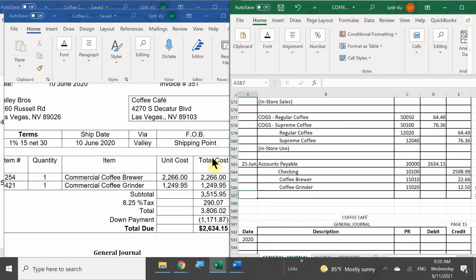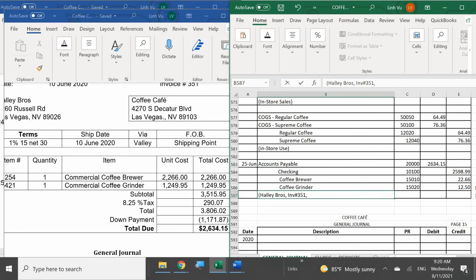Okay. I'm going to go ahead and put that in my notes. So what should I place here? Haley Bros. Invoice 351, I think it was. 351.